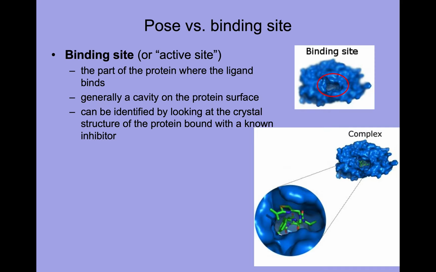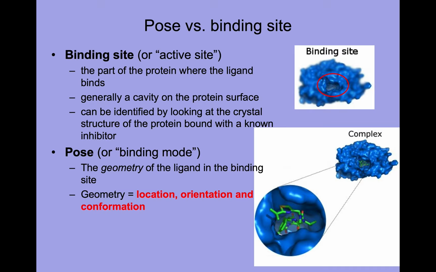The binding site can also be identified by looking at the crystal structure of the protein bound with an inhibitor. If you got a protein structure from the PDB and the ligand is already bound to it, then where the ligand is bound will be the binding site of your protein.